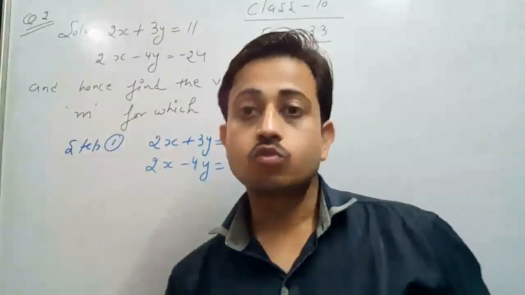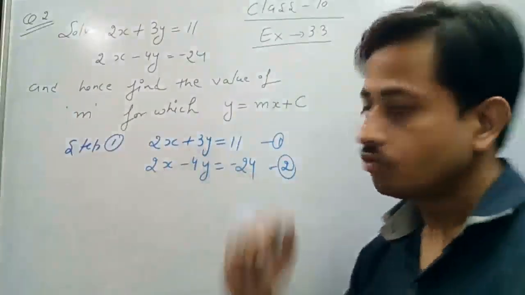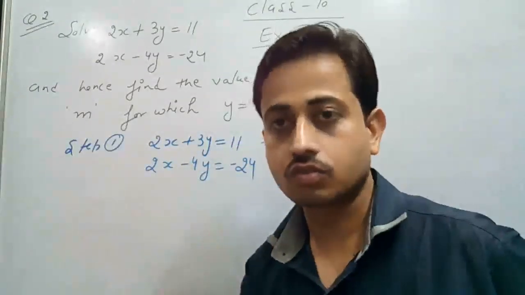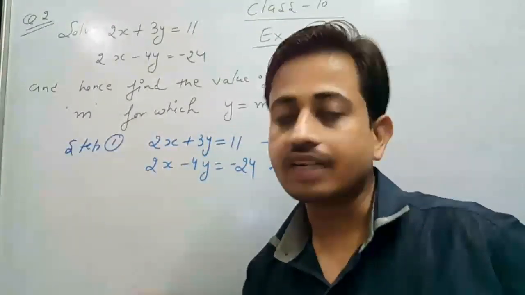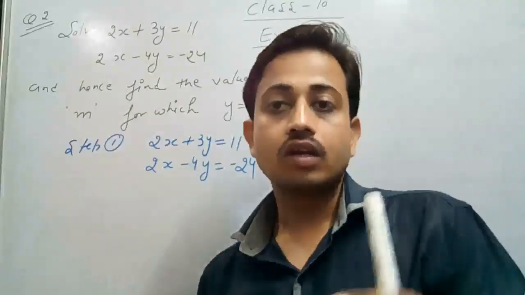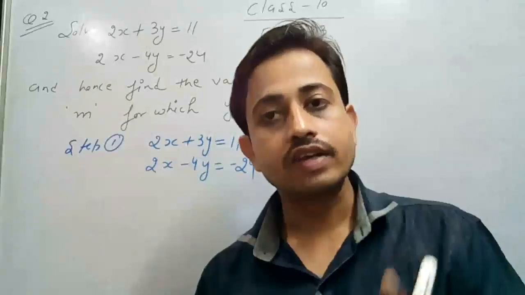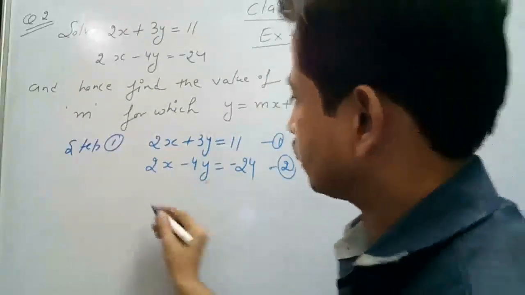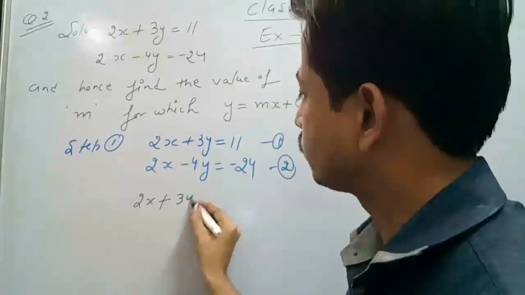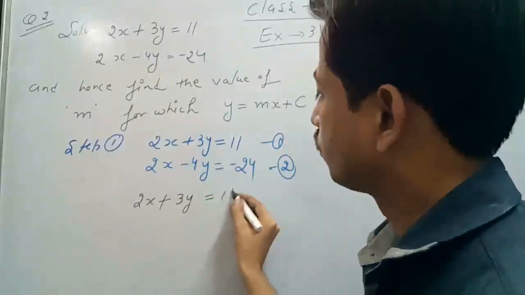Now we have to use the first equation to find one variable, either x or y, in terms of the other variable. I am going to find x in terms of y.